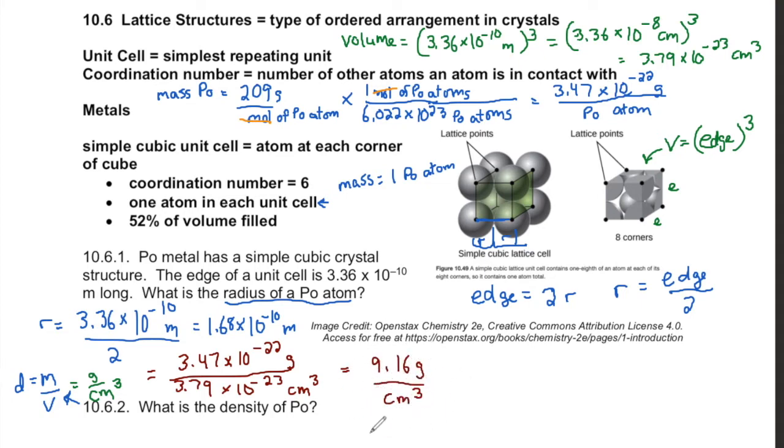And this is in the right range to have the density of a metal. So metals are definitely more dense than water. They're more than 1 gram per cubic centimeter, but not too many of them are more than 10. So this is a pretty normal density to have for a metal.